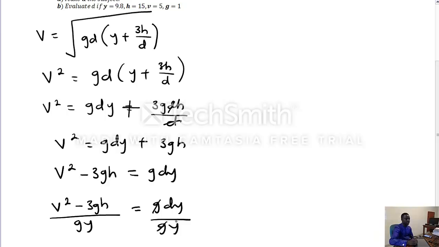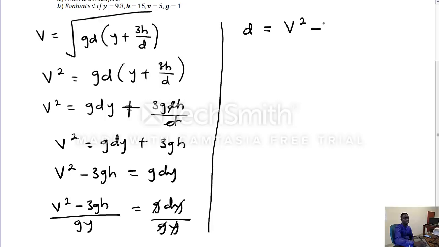G will cancel G, Y will cancel Y, leaving us with the equation D is equal to V squared minus 3GH divided by GY as the equation when you make D the subject of the formula.